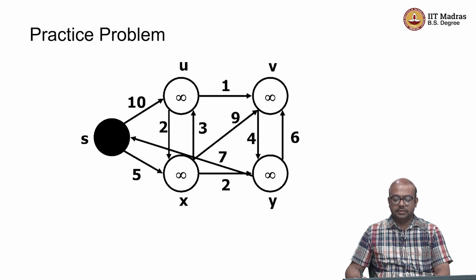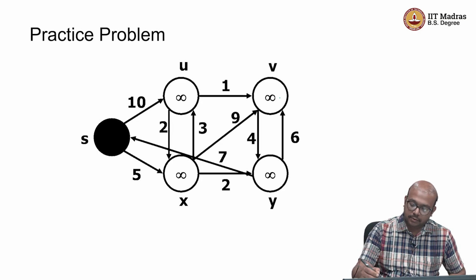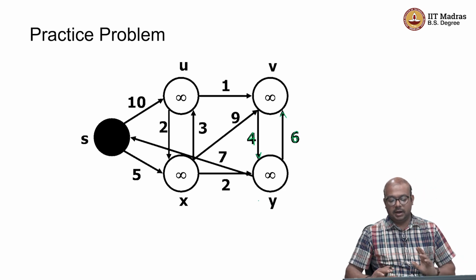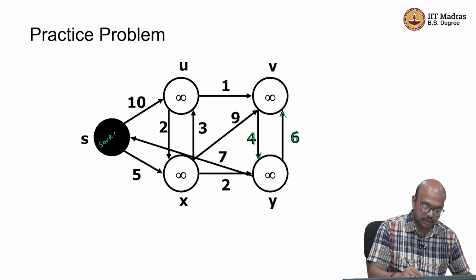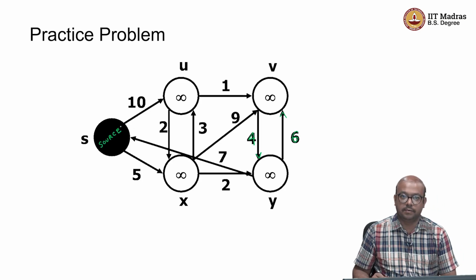So, here is one practice problem which looks a bit more involved. In some cases I have directed links. From v to y I have a link cost of 4, whereas from y to v I have a link cost of 6, and in some cases it is not that. I request you to have a practice exercise of building the table that Dijkstra's algorithm gives you, starting with the source S. This is your source node, and from the source node you should be able to write that table.